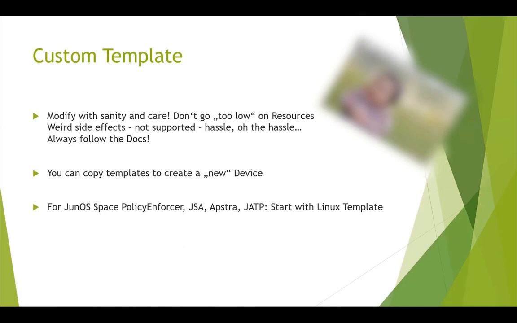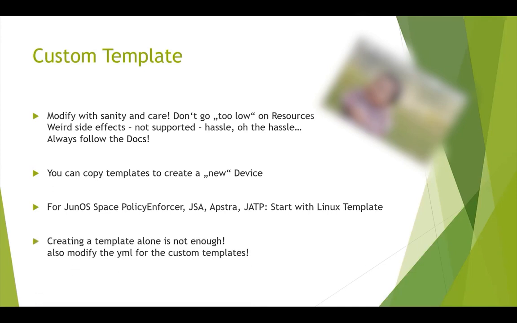For the Linux-based devices, like Policy Enforcer, JSA, Apstra, JATP, it's usually a good idea to start with the Linux template, because most of this hardware or software will already run on some sort of Linux, either CentOS or Ubuntu. So of course it makes sense to start with the Linux template. And I found, regardless of the vendor, it's always a good idea to start with the Linux template. And if that's not working, try to fiddle around with the other templates.